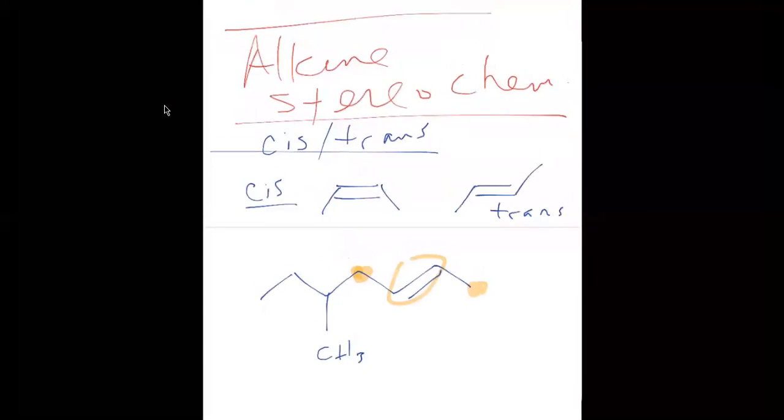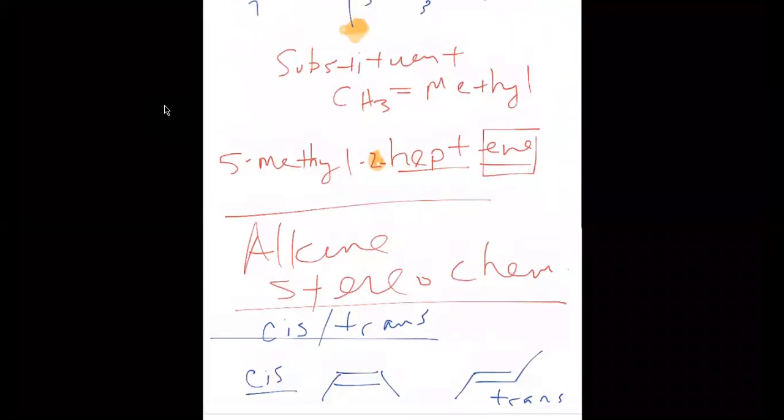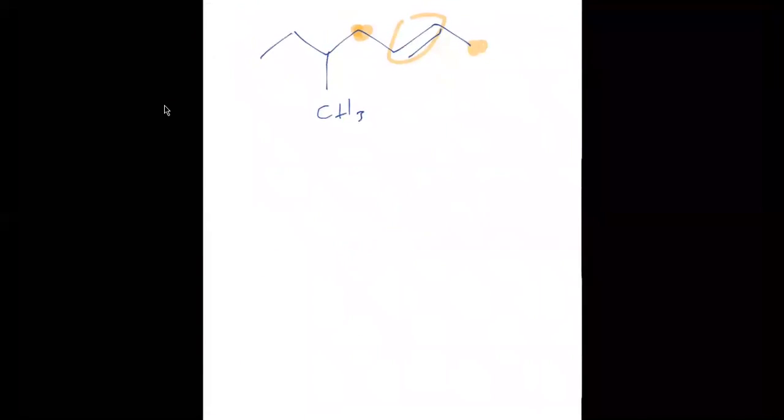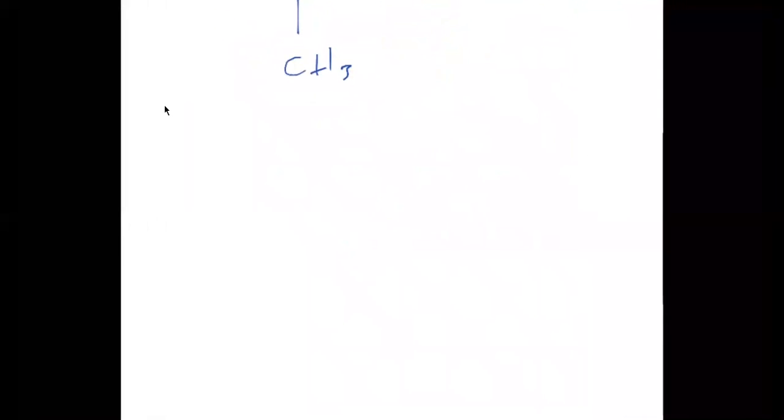I didn't include it up top because I was more concerned about showing you the convention for numbering the alkene. But here, I always put the stereochemistry first. So trans-5-methyl-2-heptene.